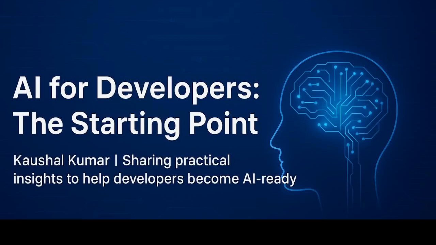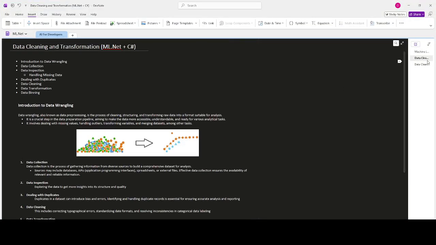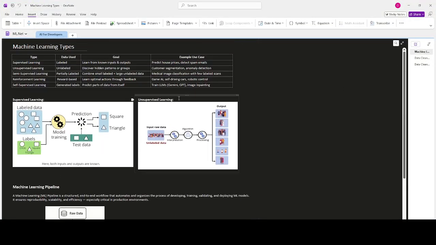Let me give you the recap of our last session. In the last session, we learned about the types of machine learning and the process for data cleaning. Let's walk through it quickly.